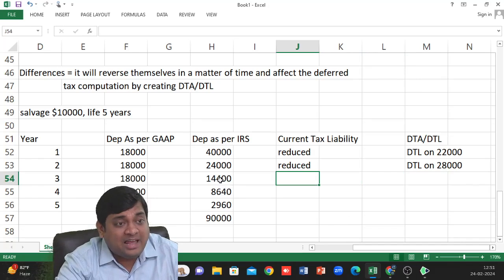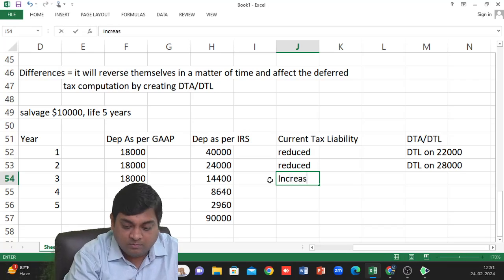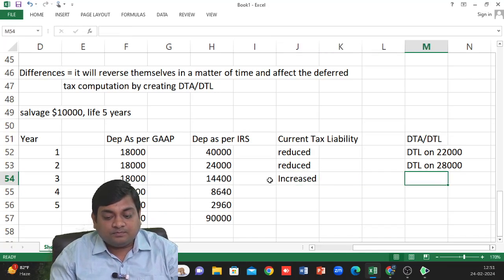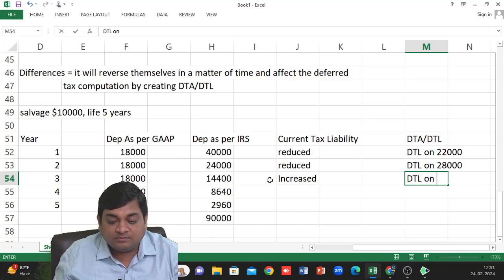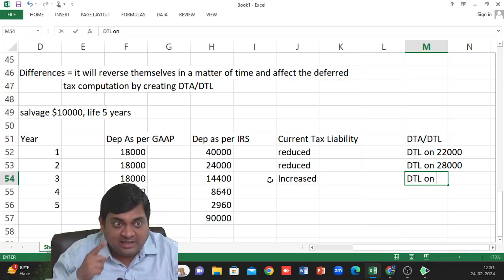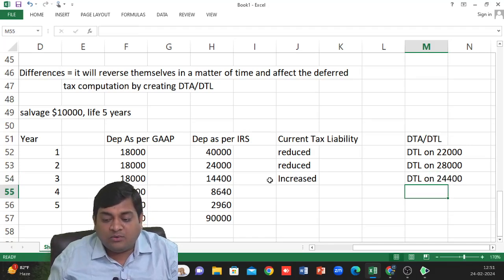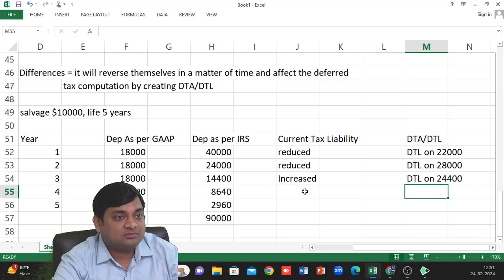Now this year I am claiming less amount, so my current tax liability is increased. Now I will create deferred tax liability on 24,400, because this timing difference has reduced by 3,600.